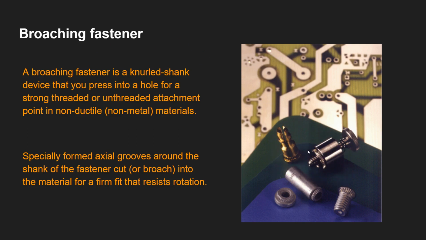These fasteners are installed permanently in all types of PC boards with the fewest number of parts, and they come in many types and each has a specific function and advantages. However, all types install simply, quickly, and permanently. It also says specially formed axle grooves around the shank of the fastener cut into a material for a firm fit that resists rotation.